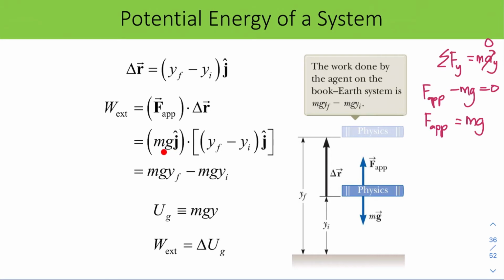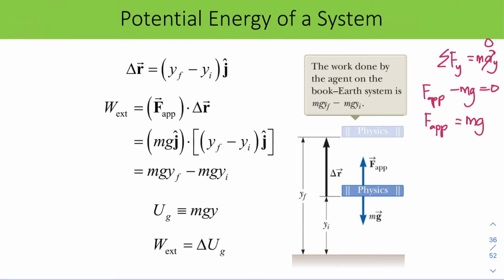F applied equals weight, and our delta R is y final minus y initial. Let's open up the bracket; we get mgy final minus mgy initial. There is no more j, because we are doing a dot product: j dot j equals 1, i dot i equals 1, k dot k equals 1. So W external is equivalent to mgy final minus mgy initial.